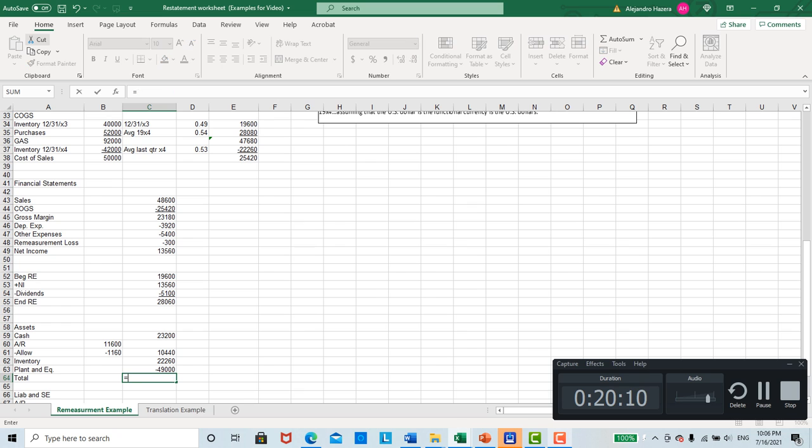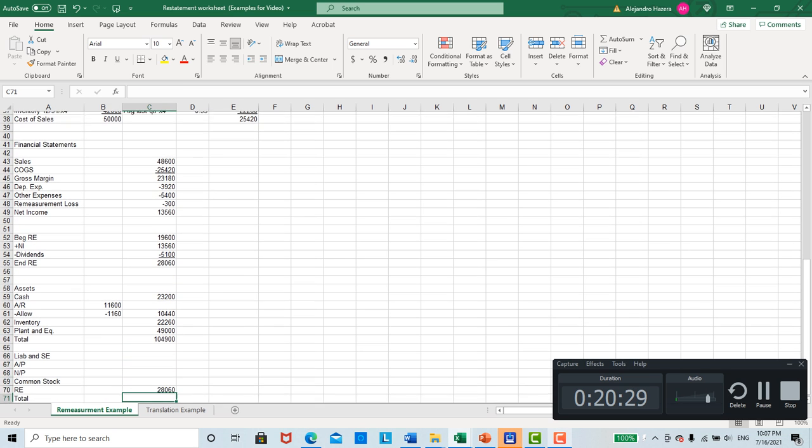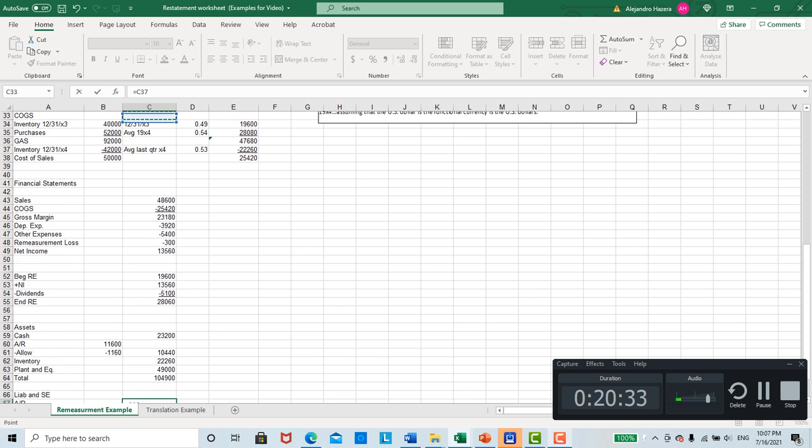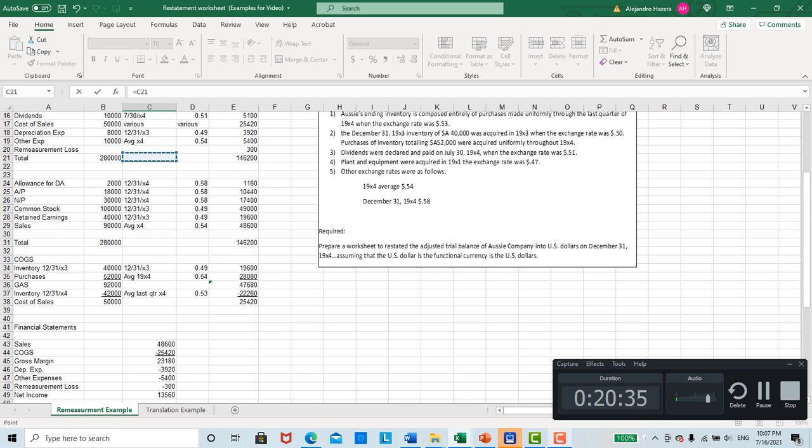It doesn't look right. It's coming out as negative. I don't know how that negative got there. 104,900 looks good.